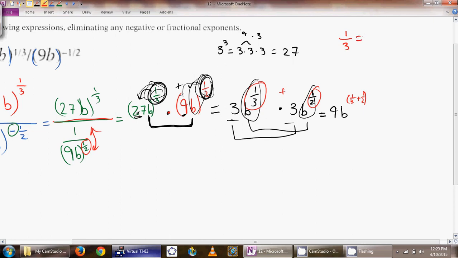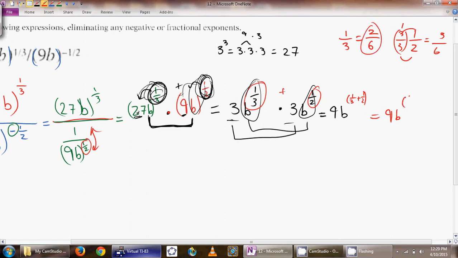1/3 is the same as, let's double both numerator and denominator to preserve equality, 2/6. And 1/2 is, well, if I multiply this by 3/3, that's the same as multiplying by 1. I haven't changed its value. Well, that's going to give me 6, and 3 times 1 is going to give me 3. So this is really 9b raised to the 1/3.